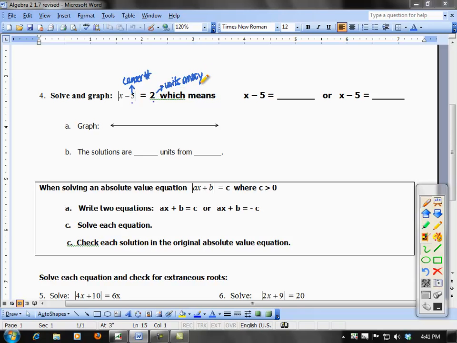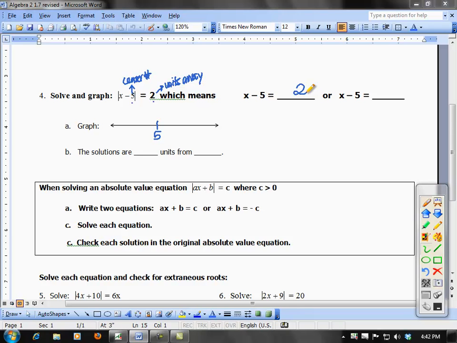Now let's talk about units away. So I'm going to look at my number line. Okay, I know I've got to have a 5 somewhere here. Okay, if I say 2 units away, I could go 2 in the positive direction. So I'm going to say that x minus 5 could be a +2.